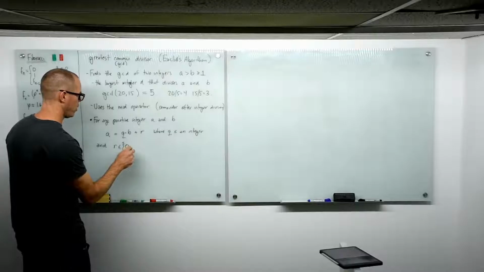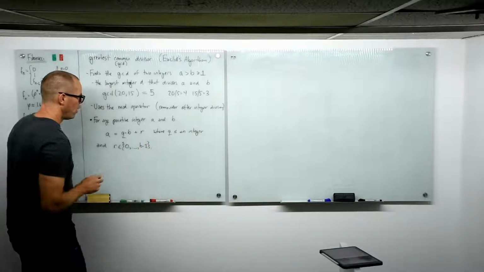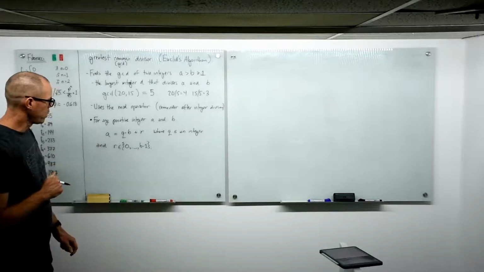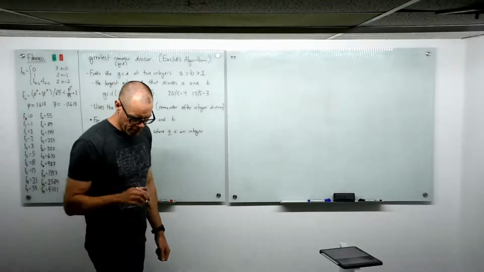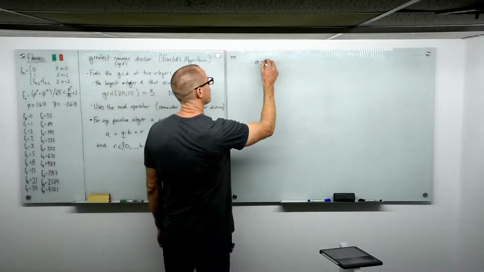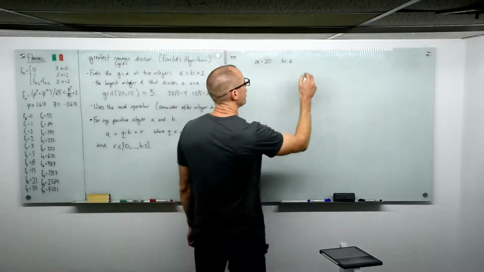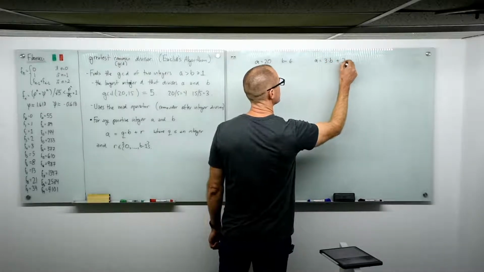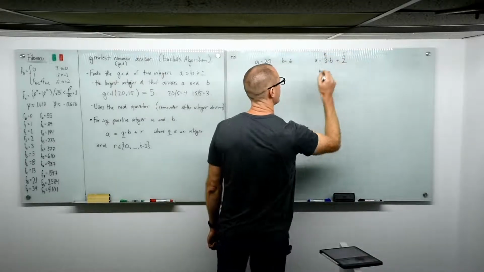It's in the set 0 up to B minus 1. Okay? So R is an integer that's strictly smaller than B, and bigger than or equal to 0. So, for example, if I take A equals 20 and B equals 6, then A is equal to 3 times B plus 2. Okay? 3 here is the value Q, and 2 here is the value R.